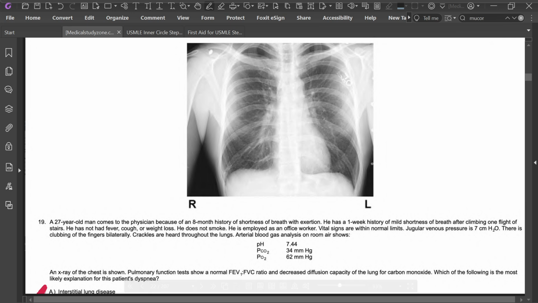Arterial blood gas analysis: pH is, where are the labs? Let me double check. Yeah, it's normal. PCO2 is normal. PO2 is low. X-ray of the chest is shown.